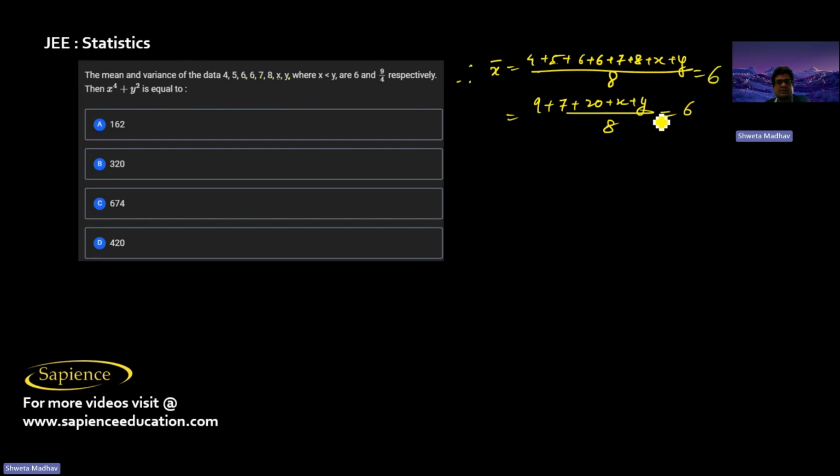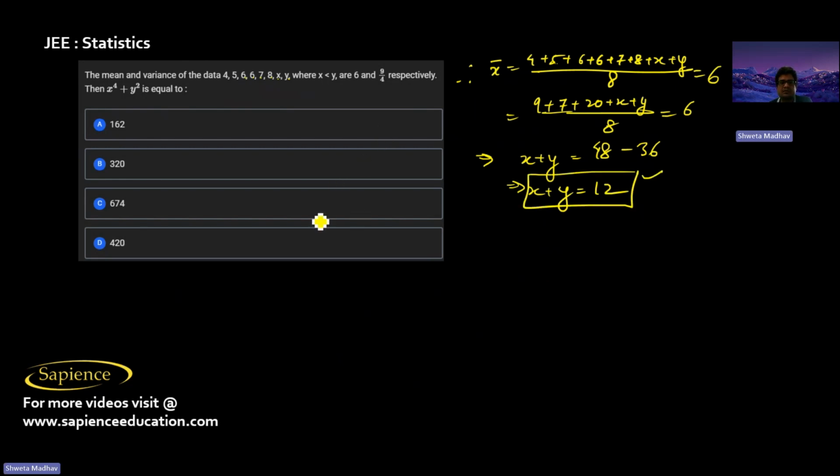Mean is 6, so therefore x plus y will be equal to 6 times 8, that is 48, minus 36. So it means x plus y is equal to 12.